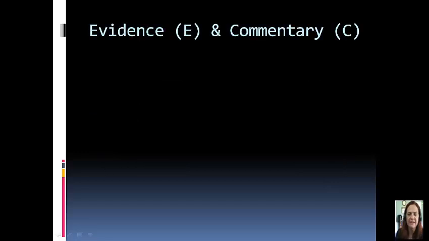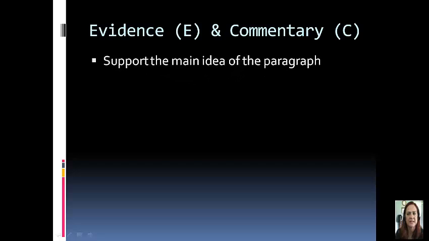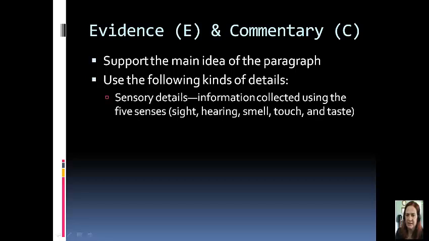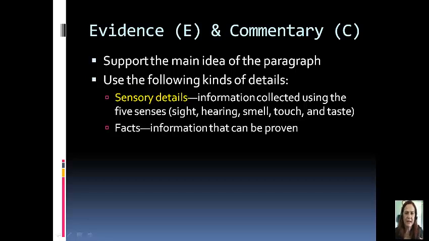Then we have evidence, E, and commentary, C. Evidence and commentary support the main point of your paragraph. There are several kinds of details that could be in this. The first are sensory details. It's all that information that you collect from what you see, what you smell, what you taste, what you hear, what you feel.